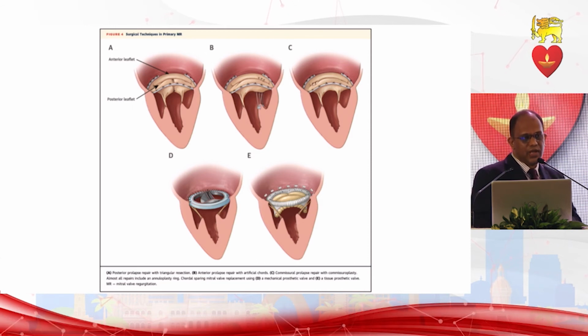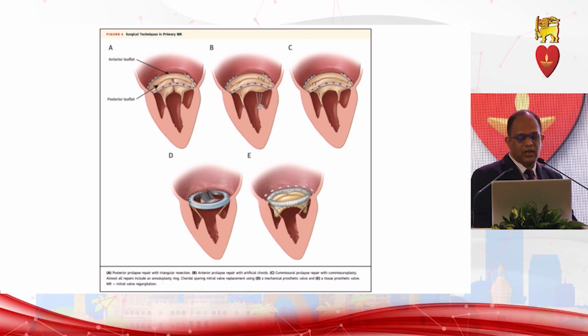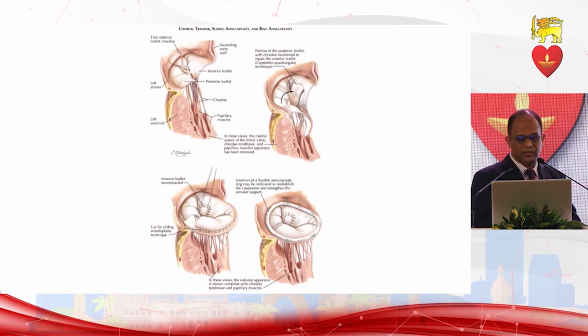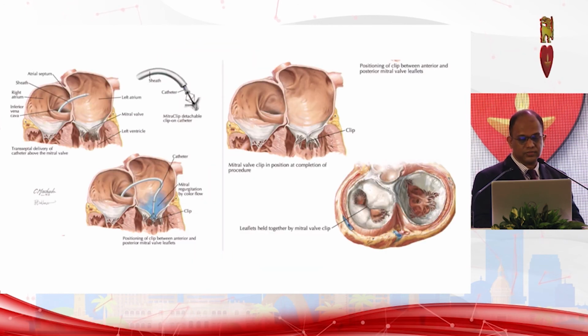So what are the modes of surgical treatment? Sometimes the mitral valve can be repaired. And if the mitral annulus is getting enlarged, we can fix it with an annular ring. Sometimes we have to replace the mitral valve if we can't repair. So this illustrates the mitral valve repair.